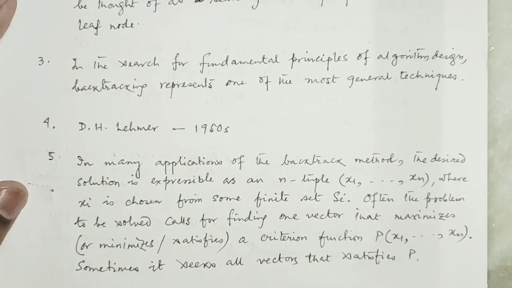So you have to be very clear with the problem definition. For example, you should follow the criteria of the n-queens problem, where you have to place n queens on an n by n chessboard so that no two queens attack each other. That means there should not be any quarrel between the queens.